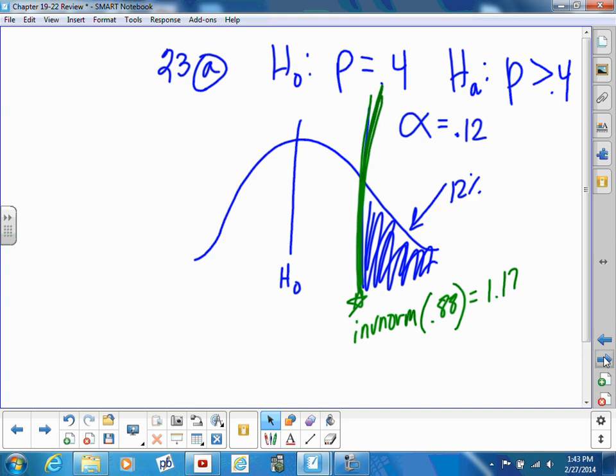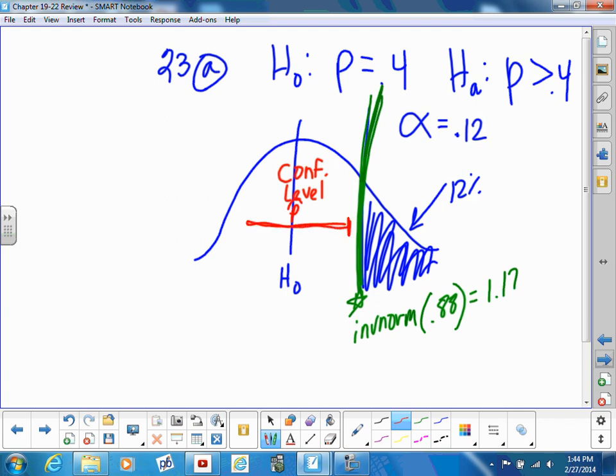Now, this is not a question on the review, but it's an extension. I want you to get this. Where does the confidence level fall on this picture? In the middle, to the left of this alpha. Confidence level is a symmetrical interval where your p-hat fell here, and then you make the interval like this.